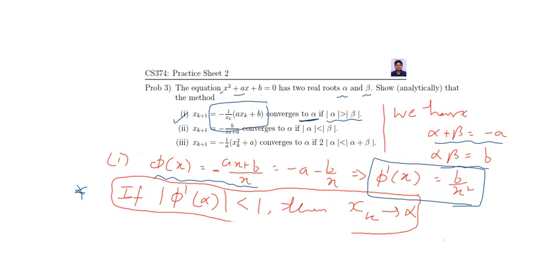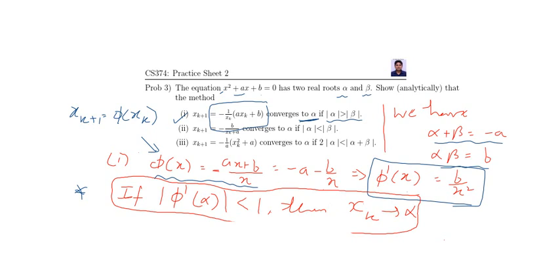Further, from the first part and from the relation xk plus 1 equals phi of xk, you can observe that phi of x is given by the following. You can differentiate this in any closed interval which does not contain 0.